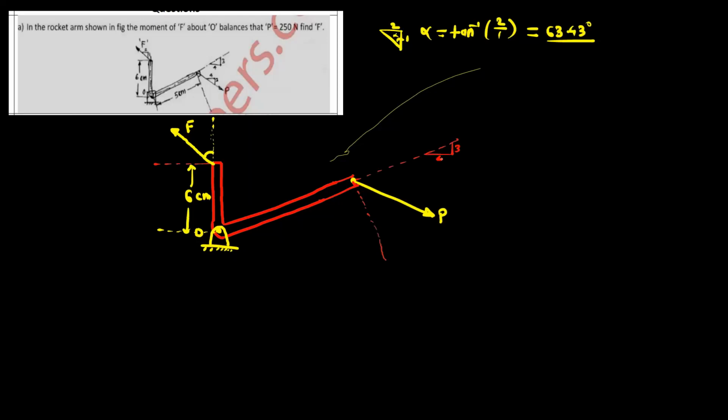So this is 3 and this is 4. From this you can find this angle. This line represents the x-axis, or the horizontal. So with respect to the horizontal, you can find this angle. Just assume this as beta. So this is equal to tan inverse 3/4, which is 36.86.